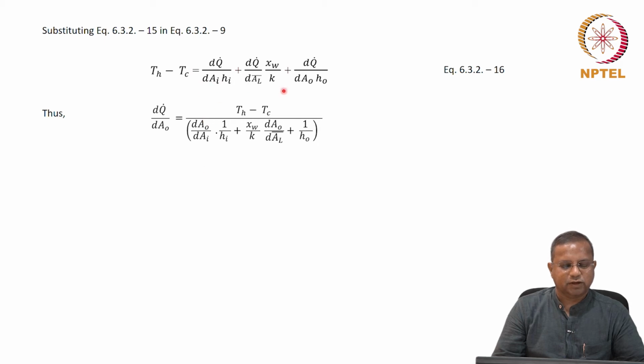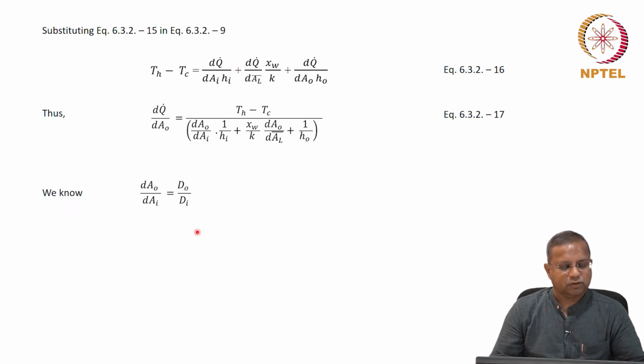So, we have taken dq dot dAo out. So, you have dAo by dAi times 1 by hi remaining here. You have xw by k dAo by dA L hash remaining here plus 1 by h naught remaining here, and that goes to the denominator on the other side to give you this. Equation 6.3.2-17.